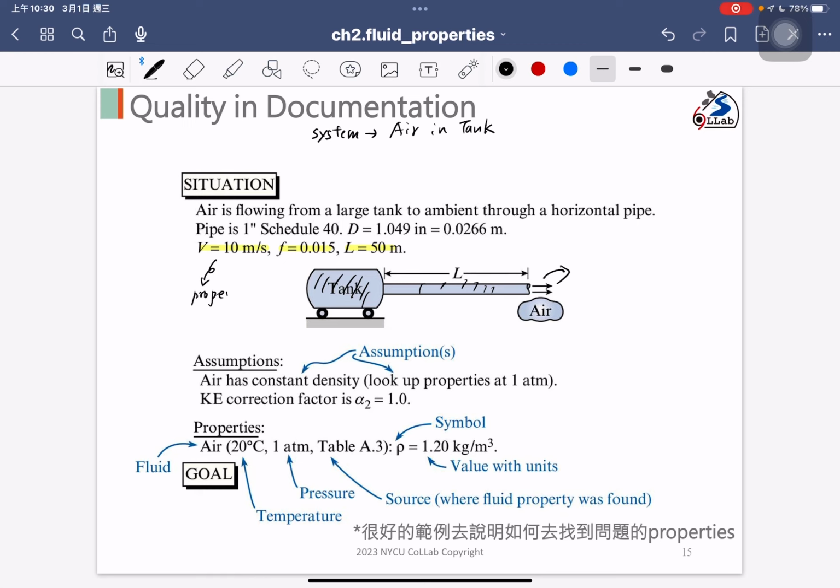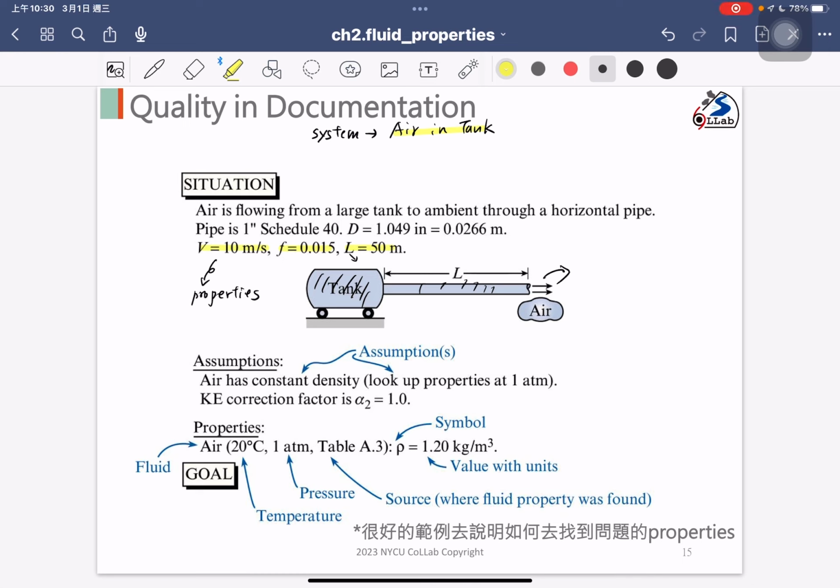You can see some properties correspond to the kinematic properties, right? Because we are looking for the velocity. And some properties we are looking for, such as the pipe length. But what are our major properties? Because in this problem the system is the air, we should know the density of the air.